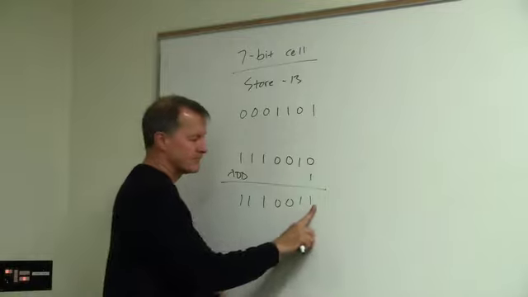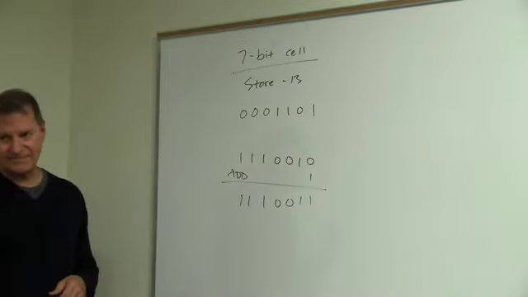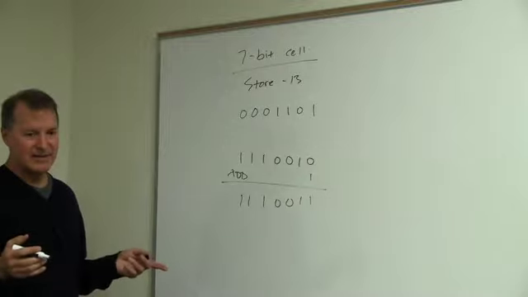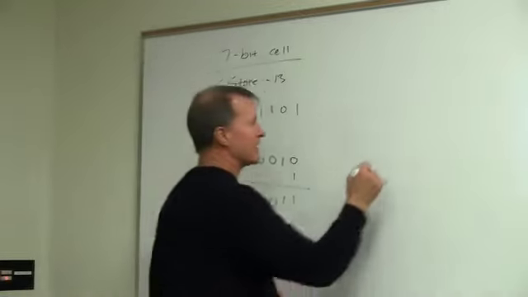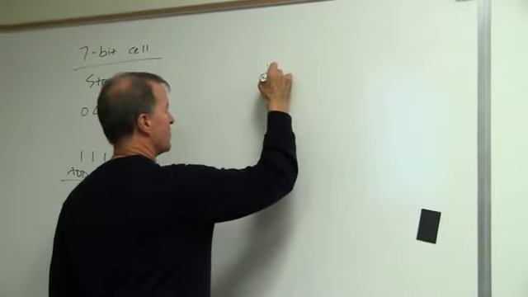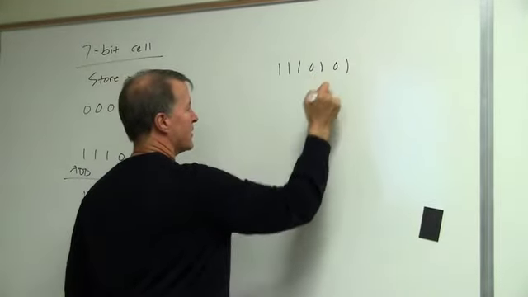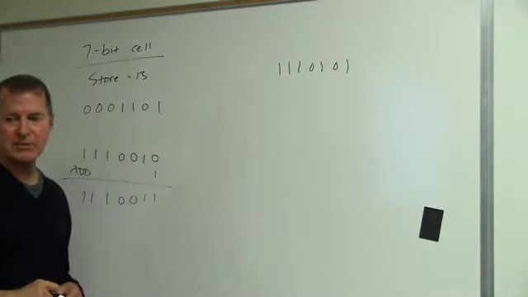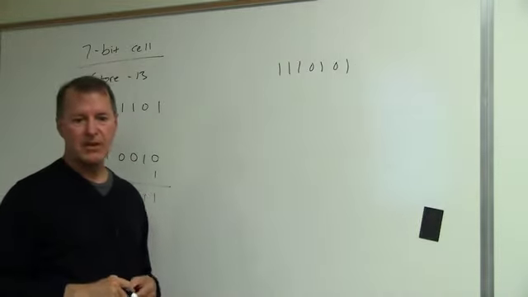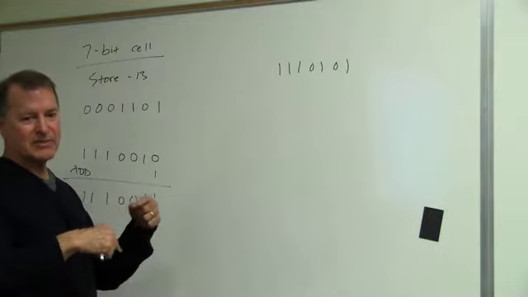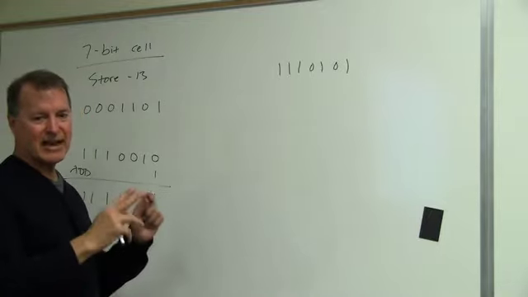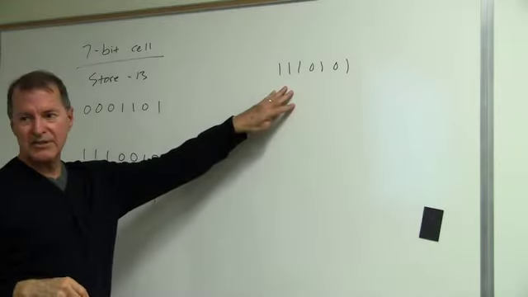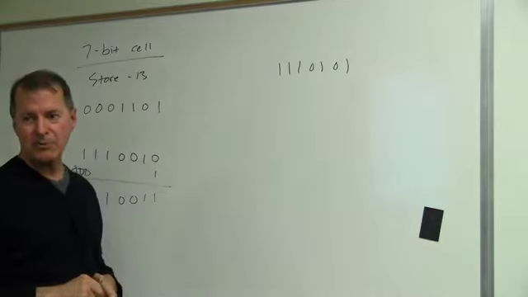Now suppose I give you, with this 7-bit cell, 111001 and ask you, what number in decimal is this? One way to do it is to flip the bits and add 1, and that will give you a positive number, so you know this original one is the negative of that. Are you with me?